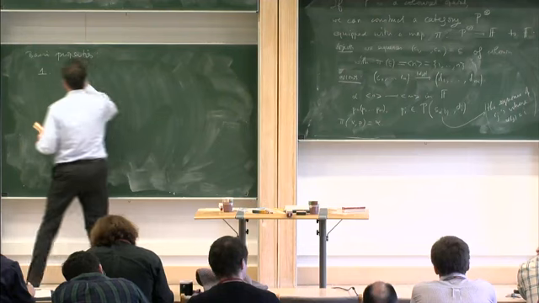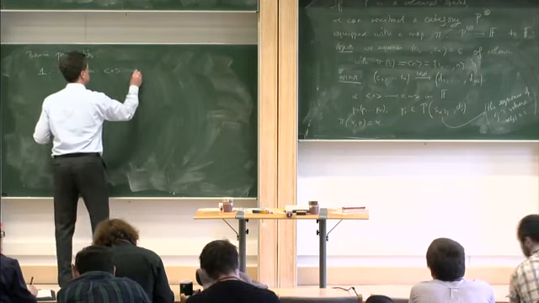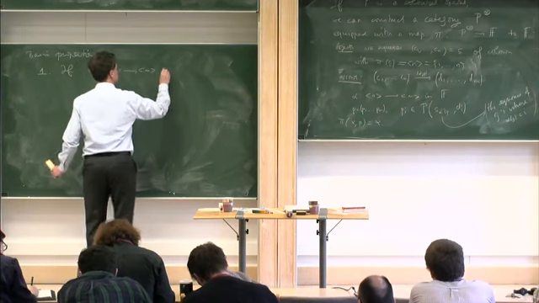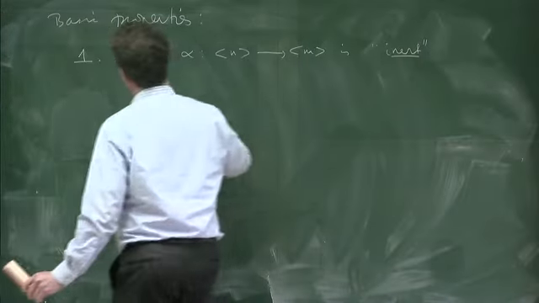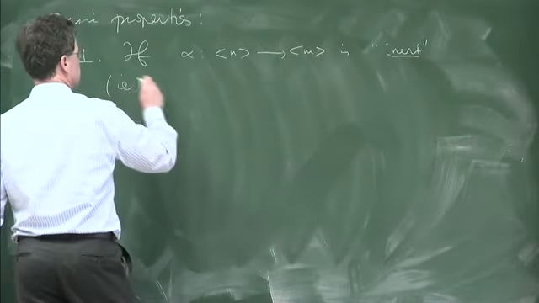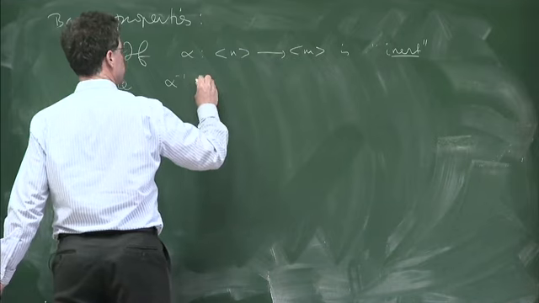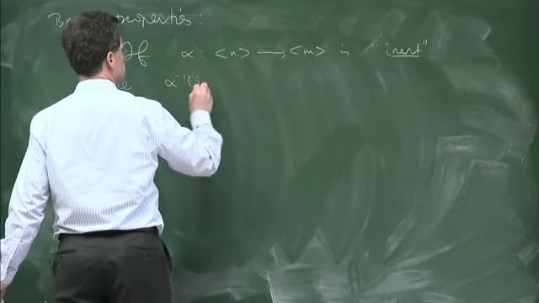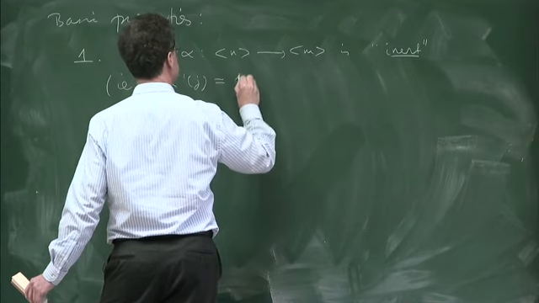Okay, so if alpha from n to m is inert, i.e. alpha inverse of j is one element.